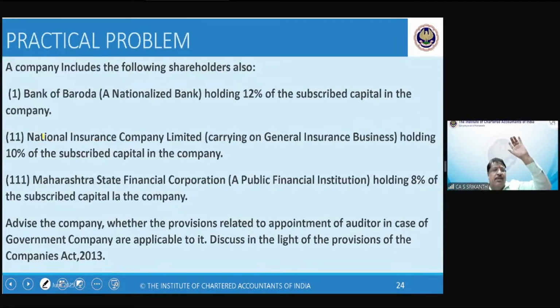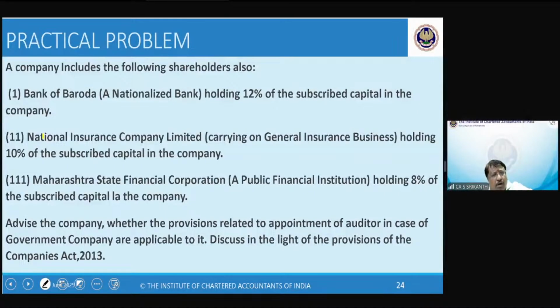The definition of government company says not less than 51% of the subscribed paid up capital should be held by central government or any state government or state governments in any combination, or central government and 1 or more state governments. Or it should be a subsidiary of a government company. Here, no government is holding shares.